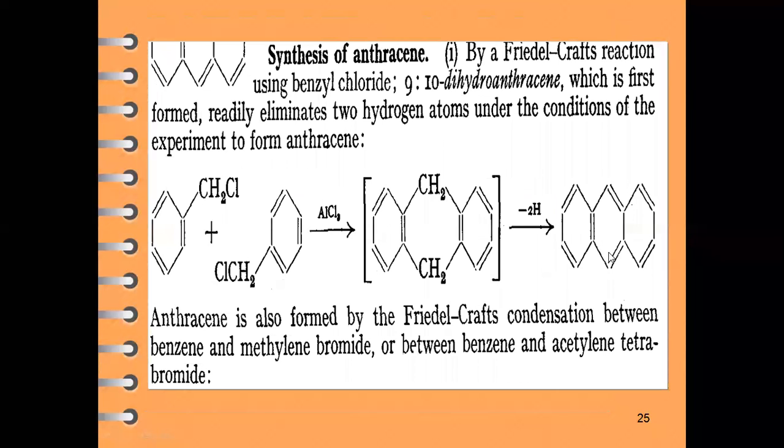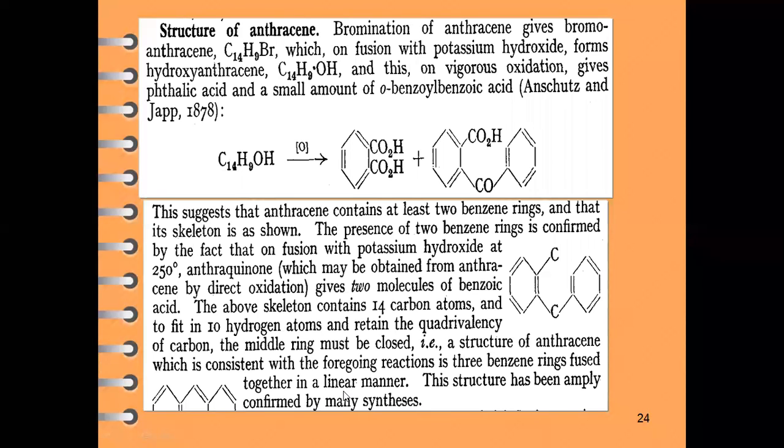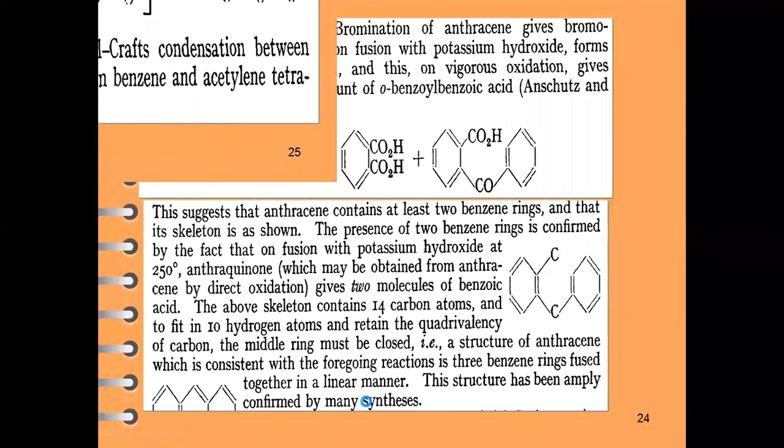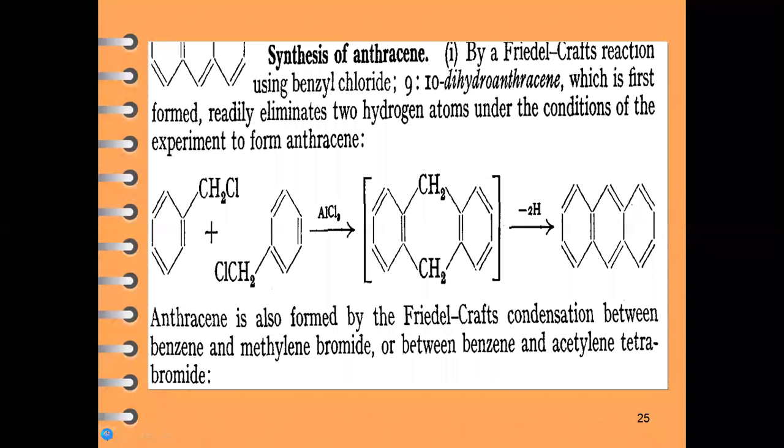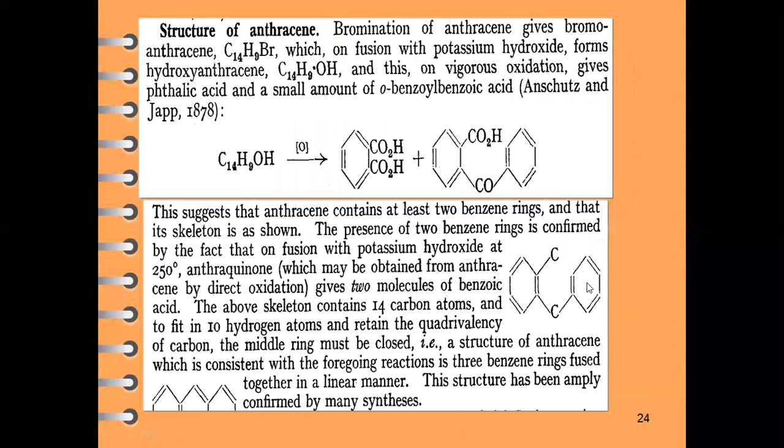That means the middle ring in the structure of anthracene is closed in between the two benzene rings. So the middle ring is closed, and the structure of anthracene is consistent with the foregoing reactions: three benzene rings which are linearly fused.